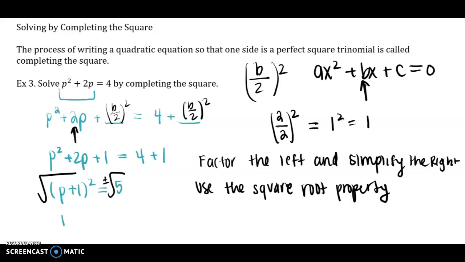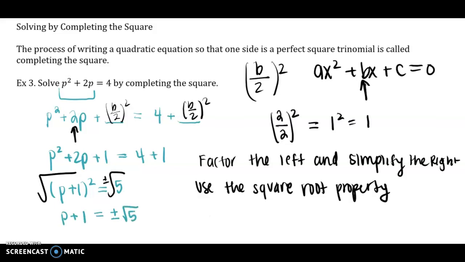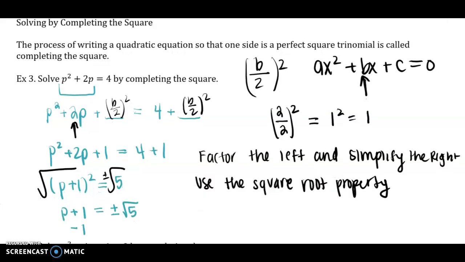So we get p plus 1 equals plus or minus square root of 5. Then we subtract 1 from both sides. Whenever you subtract or move something over to the other side, always move it in front of that plus or minus. So p is going to equal negative 1 plus or minus square root of 5, and that would be our answer.